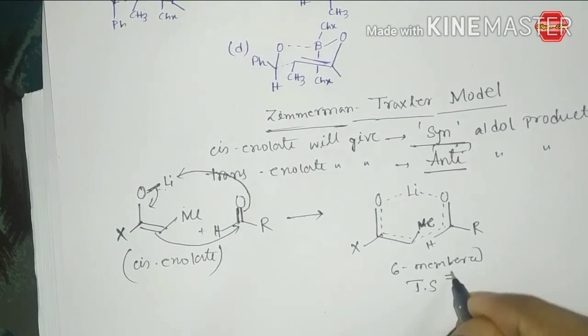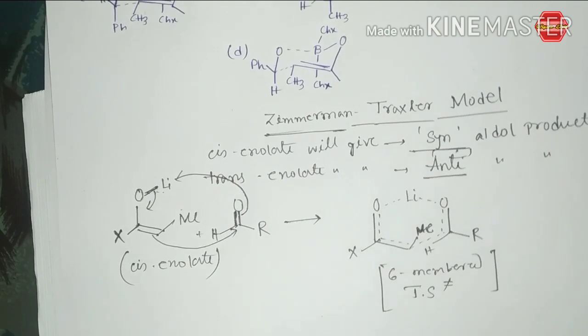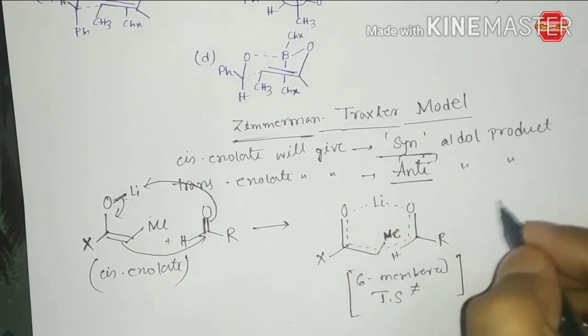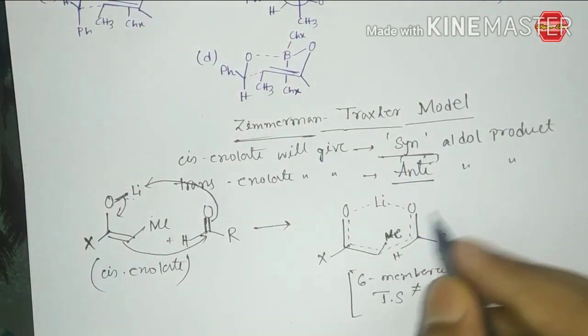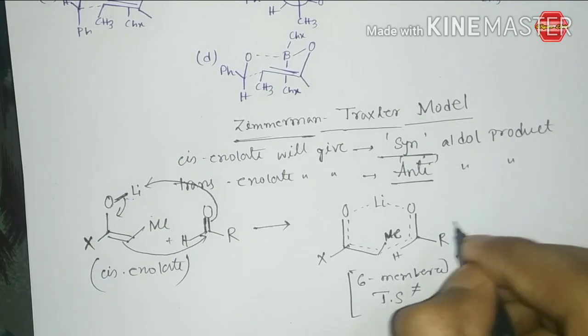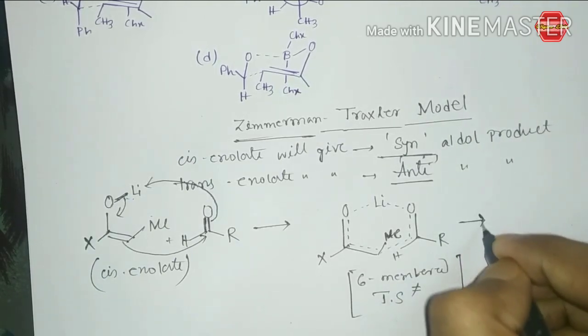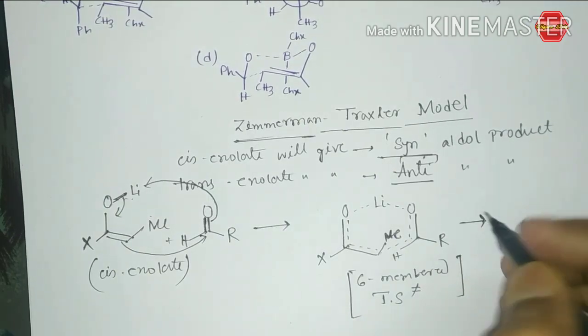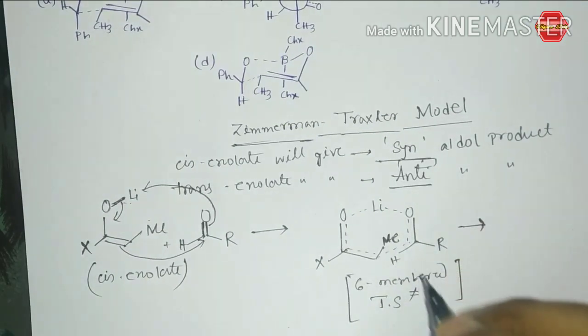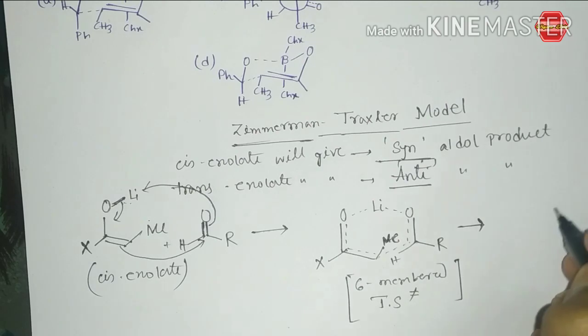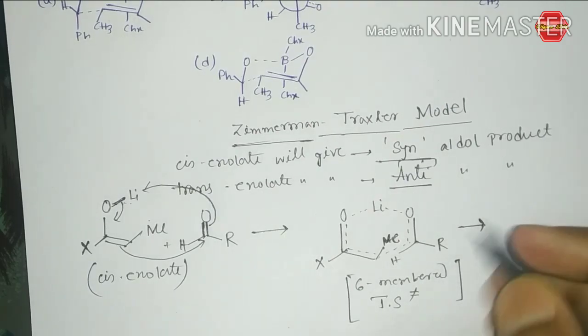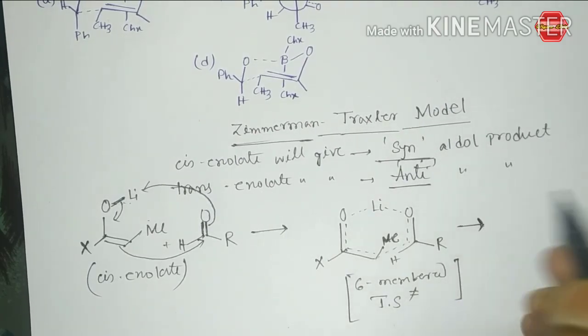This type of cyclic transition state is a well established model, and it follows a six-membered chair-like transition state. We all know what is chair form or boat form.